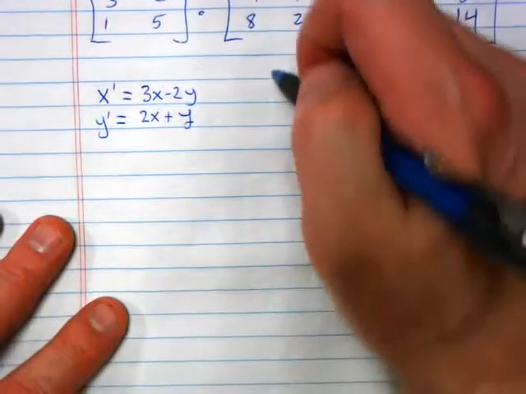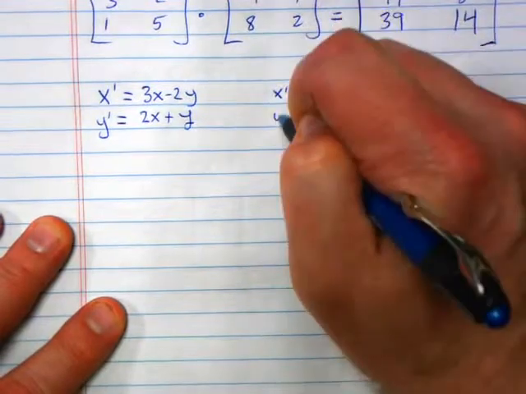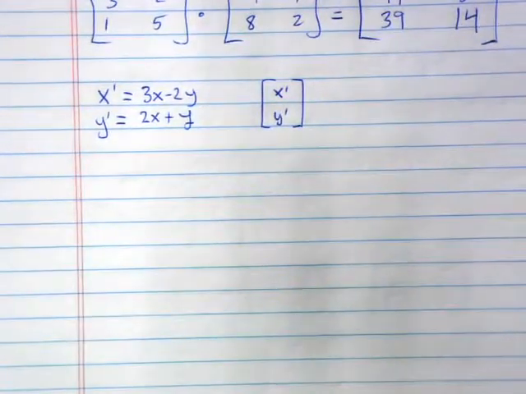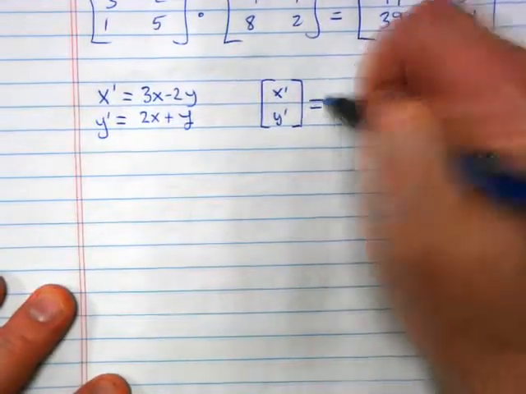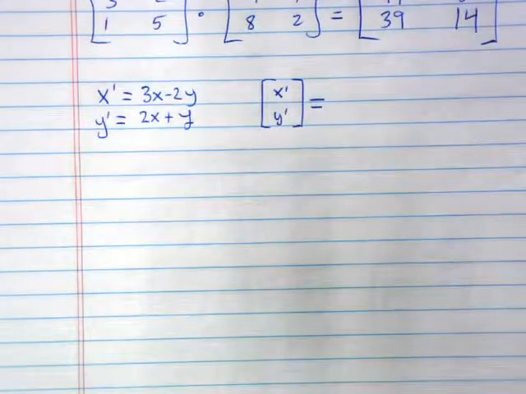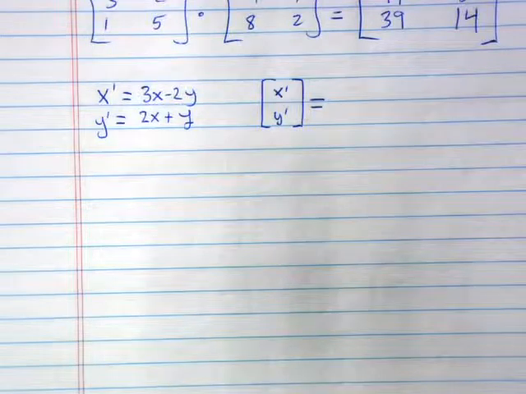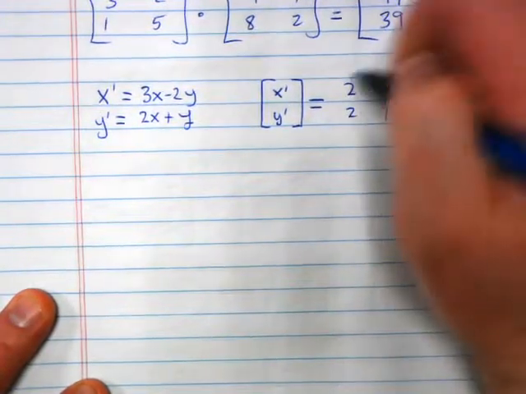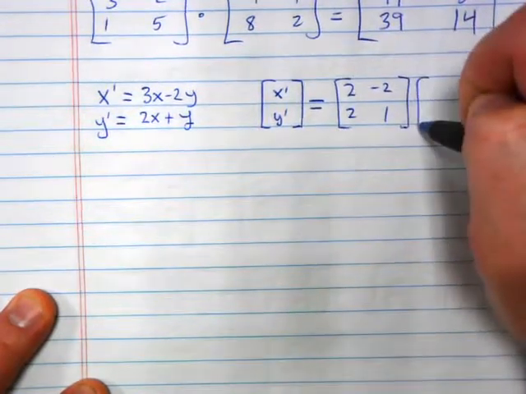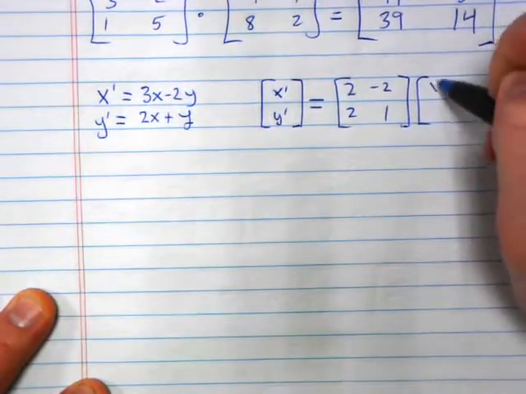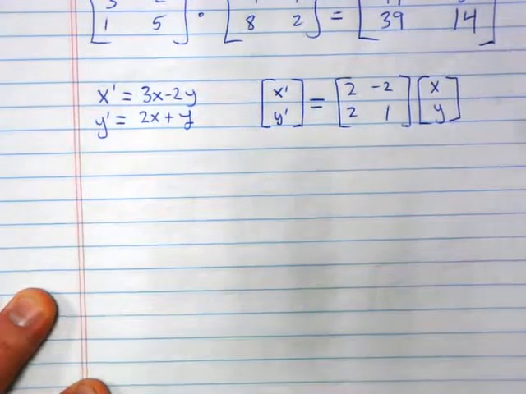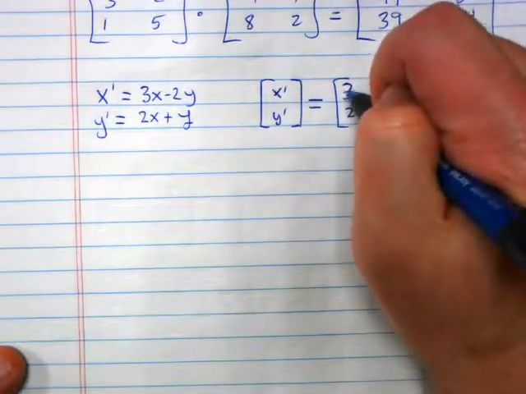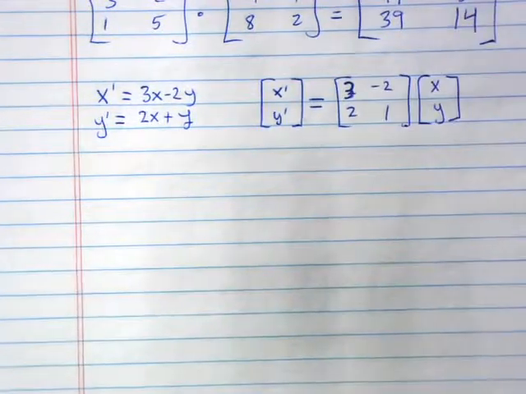So we're going to write it this way: x prime, y prime as a matrix equals 3, negative 2, 2, 1, and then x, y.